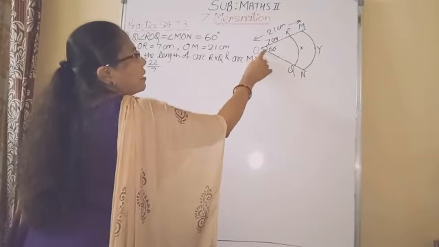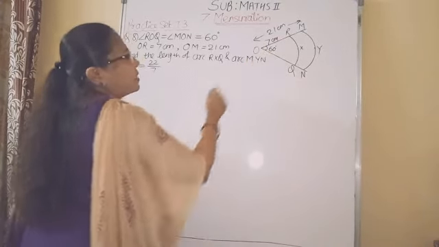So let us start the solution. Here angle ROQ is the central angle, that means this value is theta. So let's first calculate for arc RXQ. For arc RXQ, theta is equal to 60 degree and r is equal to 7 centimeter.